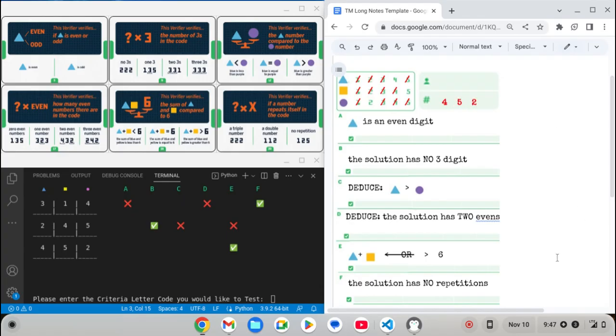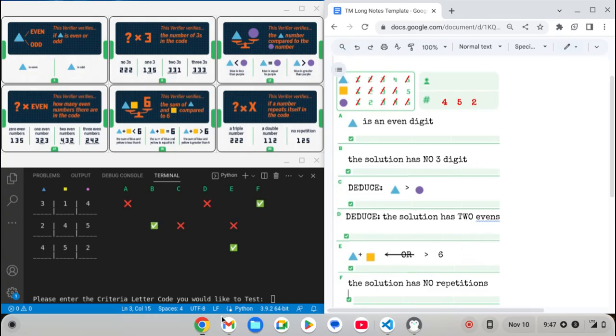And so let's just quickly review before we verify. Is that first digit even? It is. There should be no 3s. That's correct. The first should be greater than the last. They are. We do have 2 evens. The sum is greater. The first 2 is greater than 6.